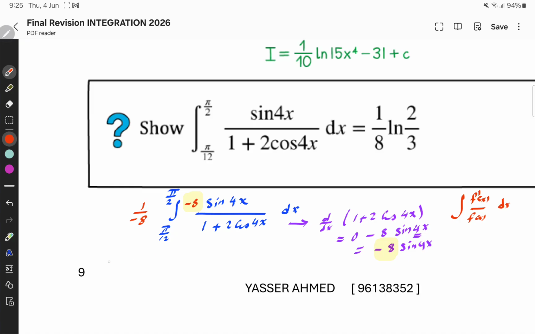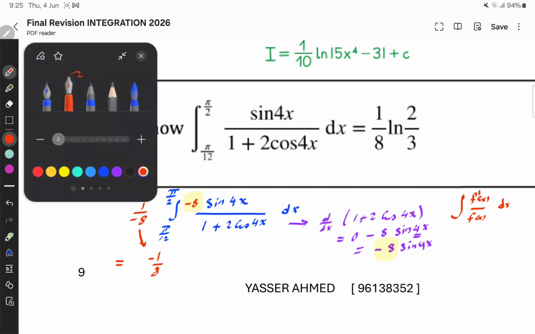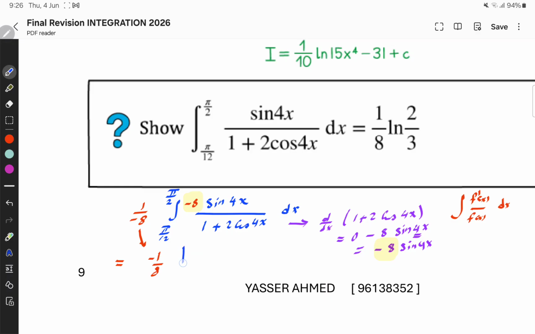So the answer directly will be, stay with me, negative 1 over 8 ln of the denominator inside the modulus, 1 plus 2 cosine 4x.